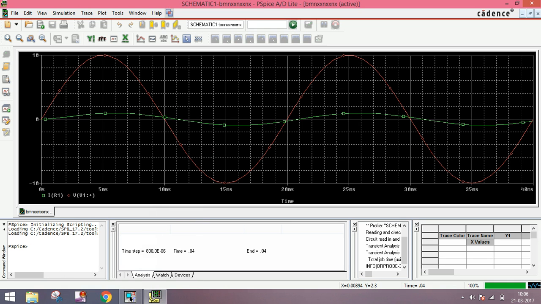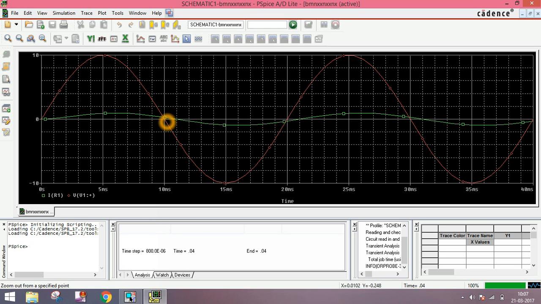So first of all, I will explain how you can know which curve is leading or which curve is lagging. You only have to see which curve crosses 0 first, that one leads in the circuit.